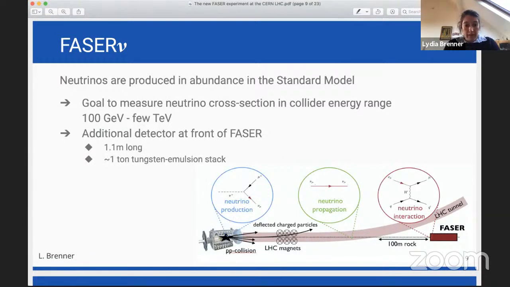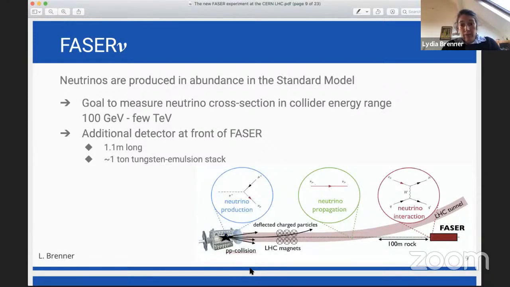So in the plot here, you can see the physics process that we try to measure. You would have, for example, a pi plus, which decays to a muon and a muon neutrino.